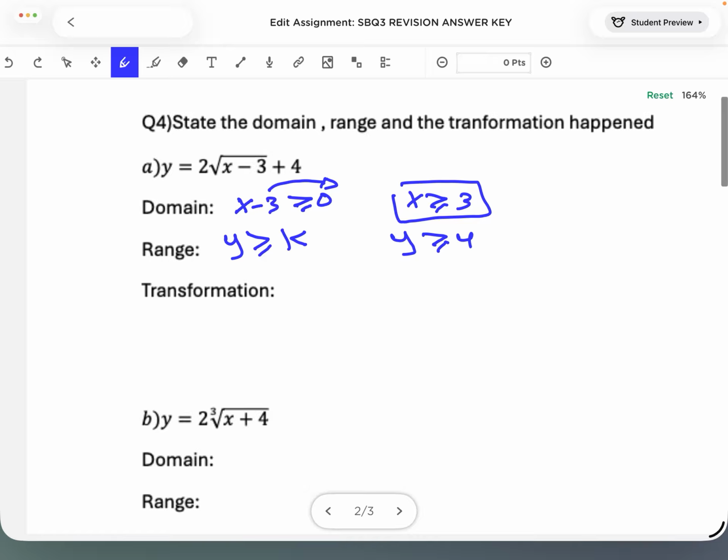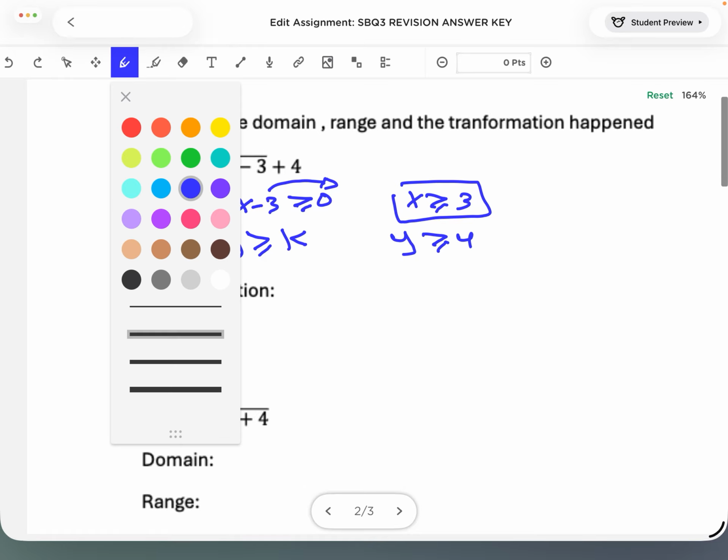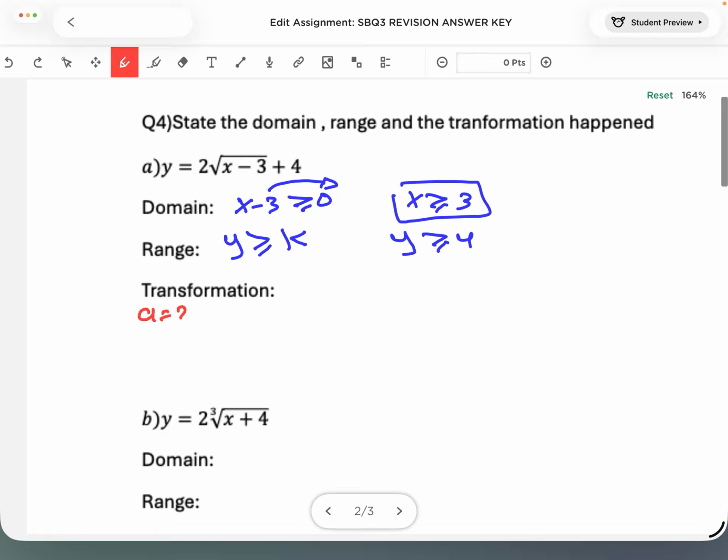The transformation: we have a equals 2, h equals 3, and k equals 4.